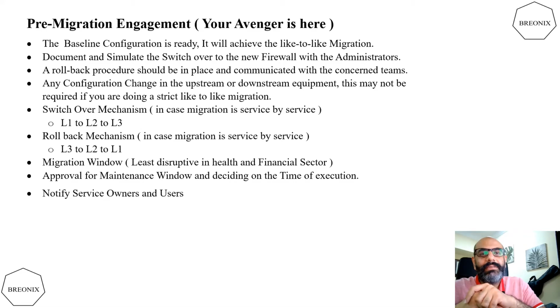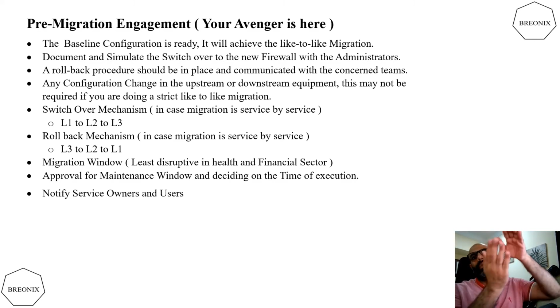There is a migration type we call service by service, but that's really an advanced migration, where we have an existing firewall and we put a new firewall with completely different L3 configurations, and we migrate things instead of doing it in one complete shot.